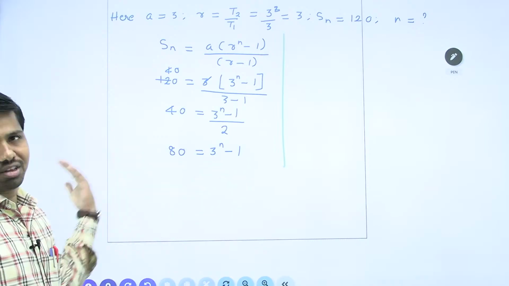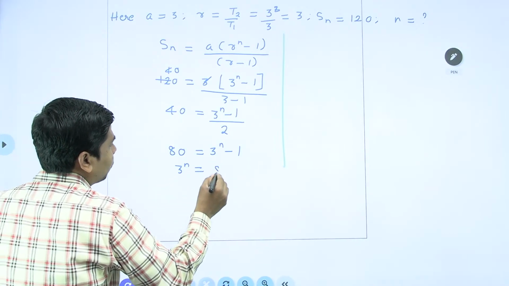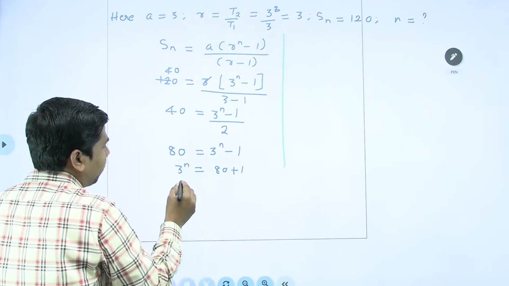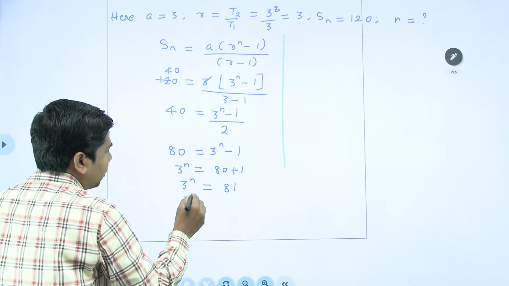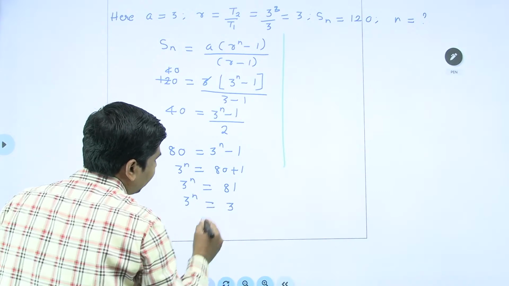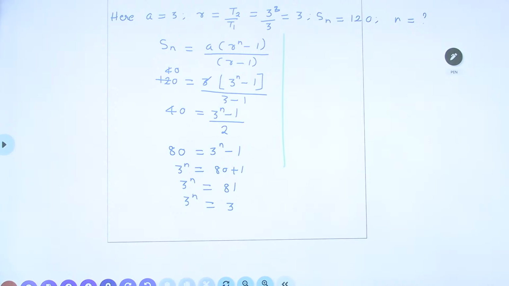Taking minus 1 across, it becomes plus 1. That is 3 raised to n is equal to 80 plus 1, so 3 raised to n is equal to 81. 3 power 4 is 81.